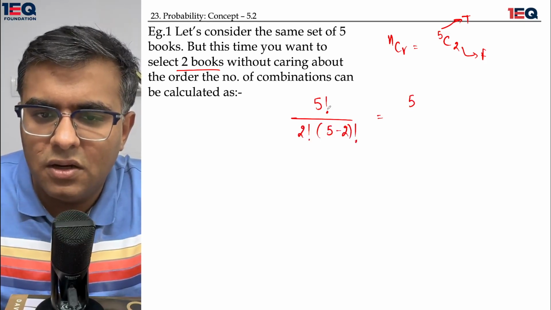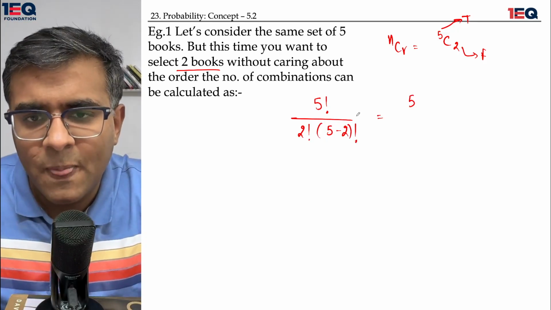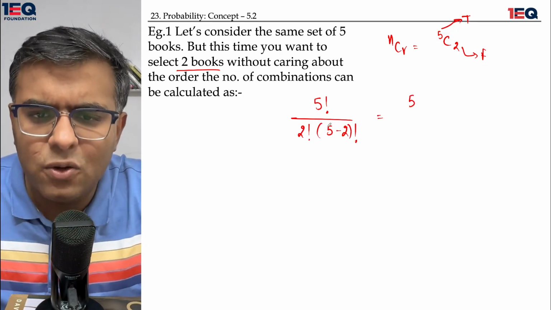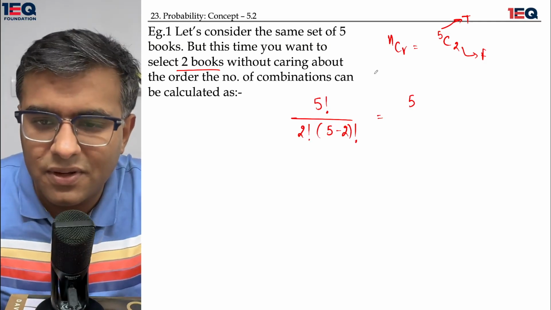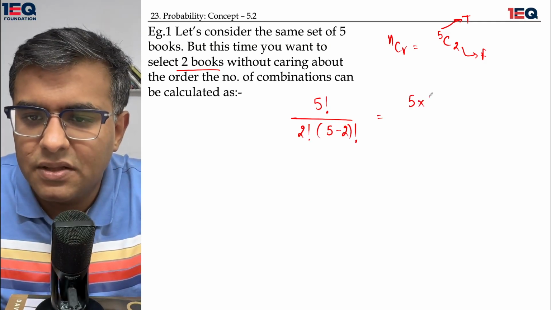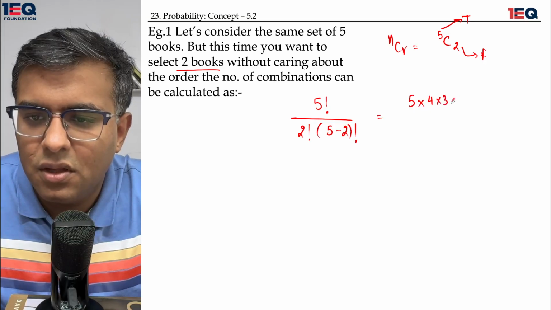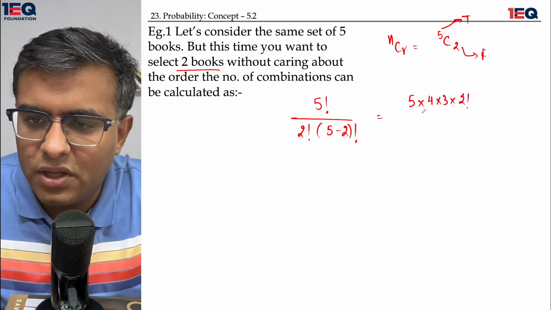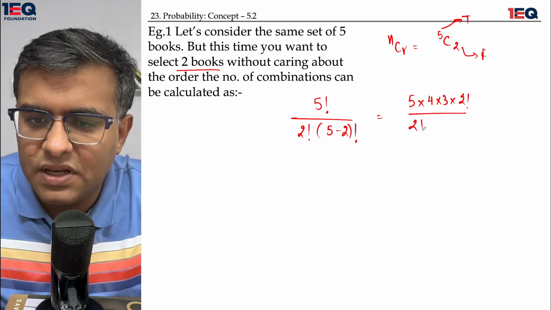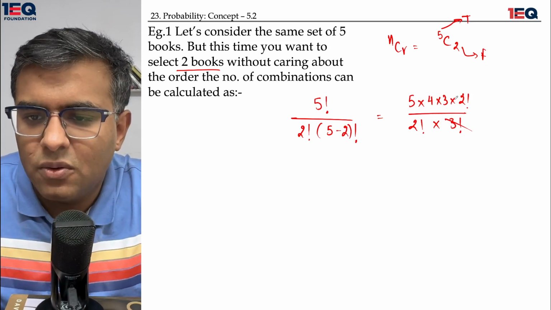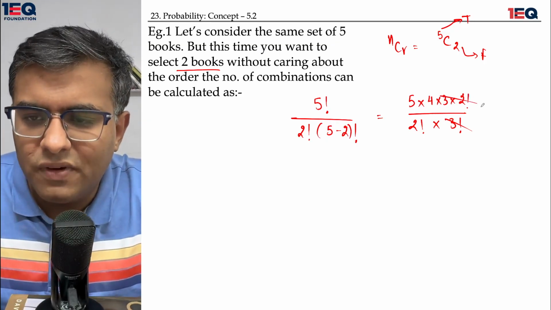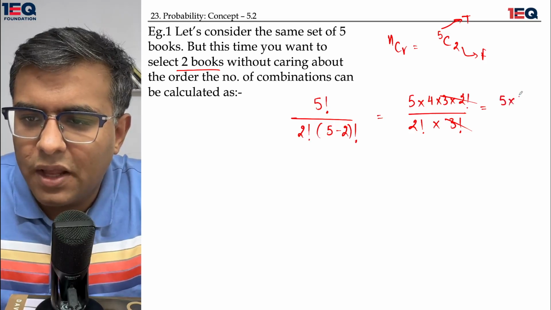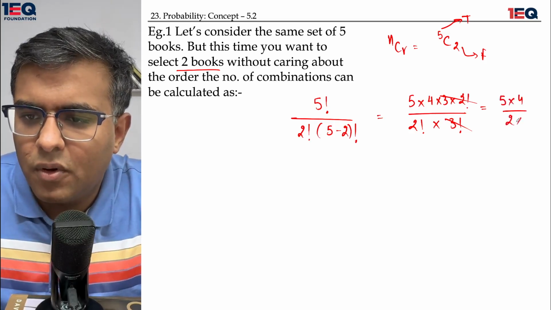5 factorial, in terms of 2 factorial, we'll be writing. The reason is that instead of calculating 2 factorial, then cutting off the specific terms which are there in 5 factorial, it is better to represent it this way: 5 into 4 into 3 into 2 factorial. Easily it's going to get cut. This is again 2 factorial and this is going to be 3 factorial. 3 factorial can be cut off right away because 3 into 2 factorial is equal to 3 factorial. 2 factorial can be expanded like 5 into 4 whole upon 2 into 1.